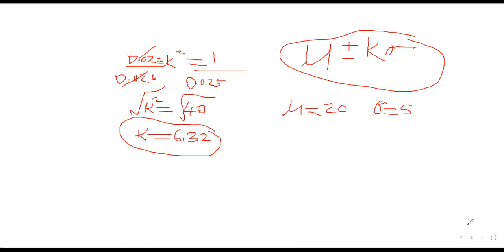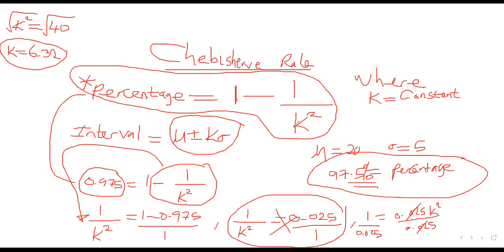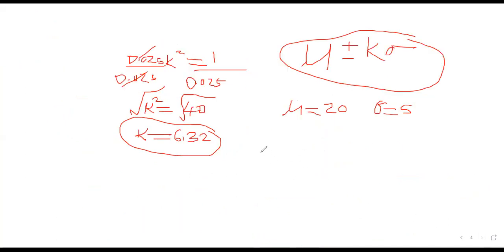But using this percentage, we found our K, so we can now substitute it. That's why the examiner gave us a percentage here, so that we can use it to find K. After finding K, we can substitute to find the lower bound.